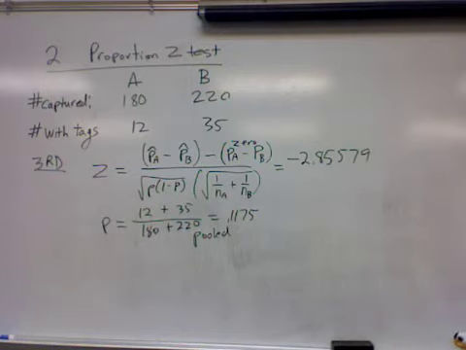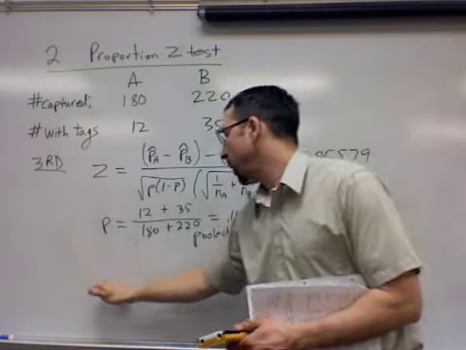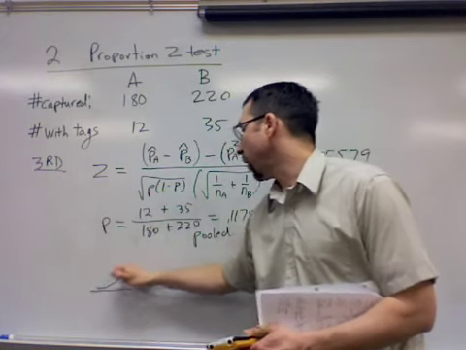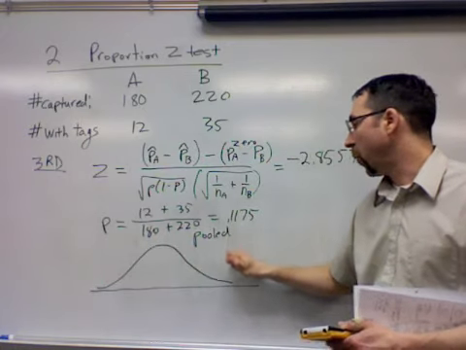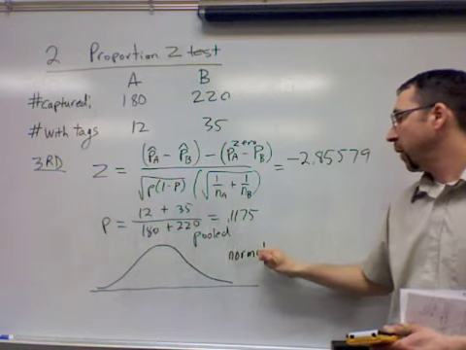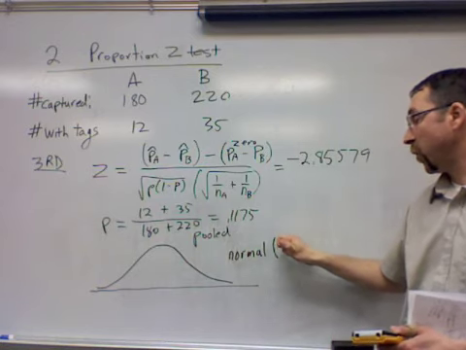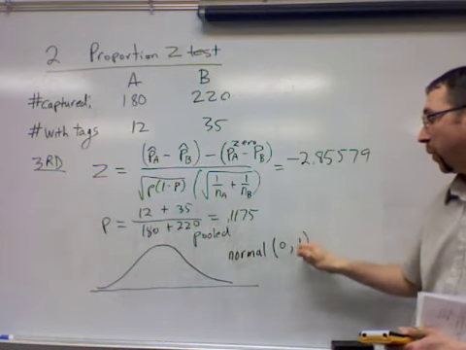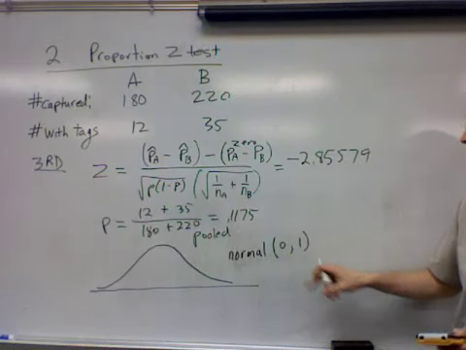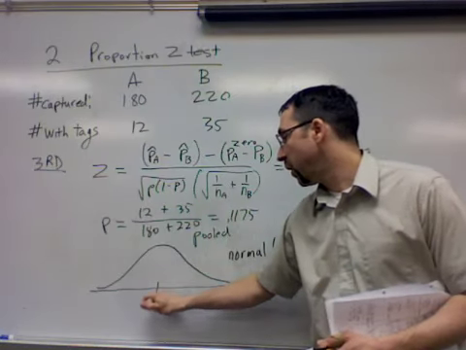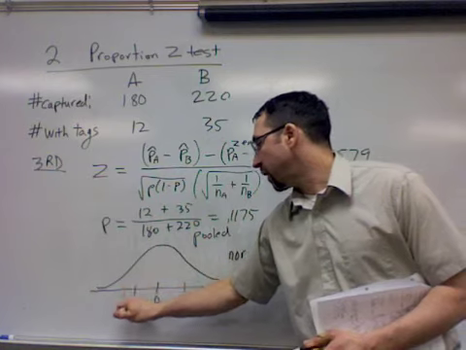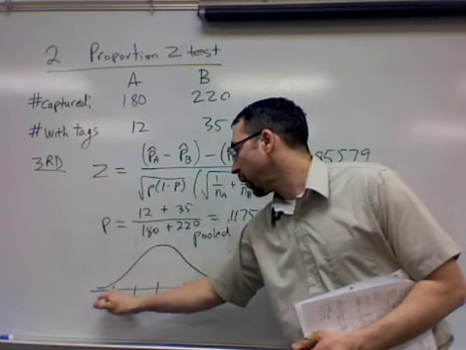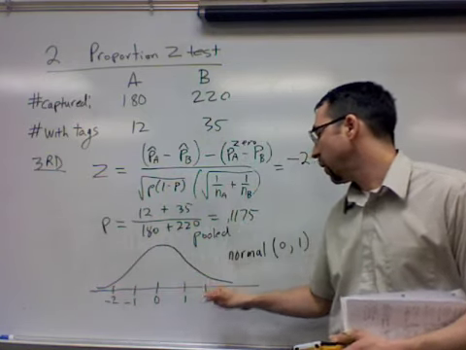We're going to turn that z-score into a p-value using the normal curve. Again, make sure you draw the normal curve and say what kind of normal curve it is. Here's a standardized normal curve with 0 as the mean and 1 as the standard deviation. Draw a nice, healthy normal curve. It'll help you communicate your answer as well.